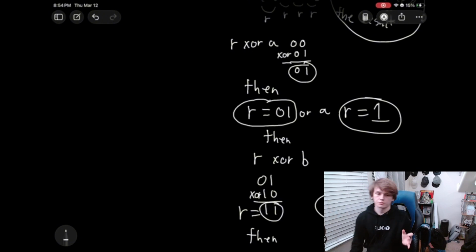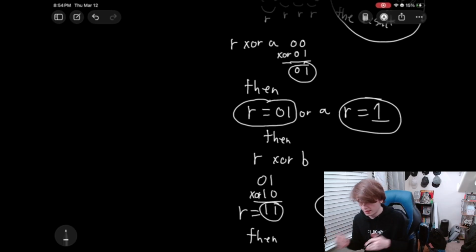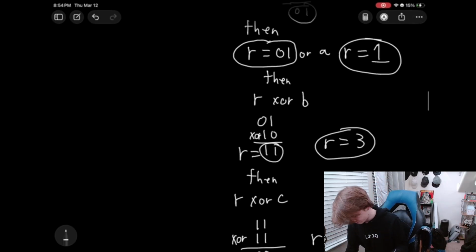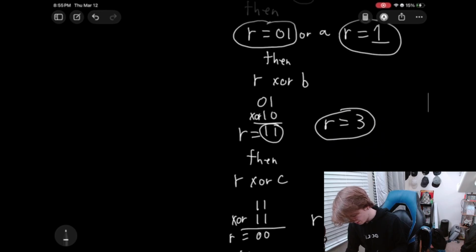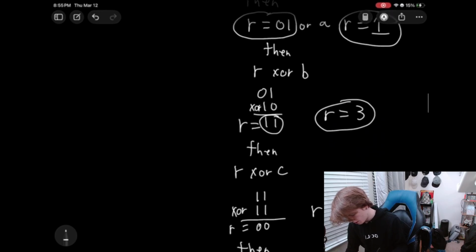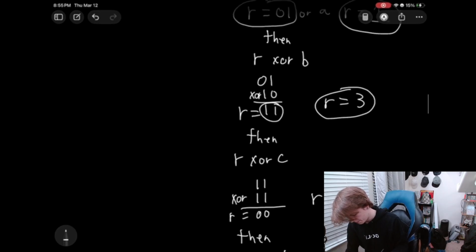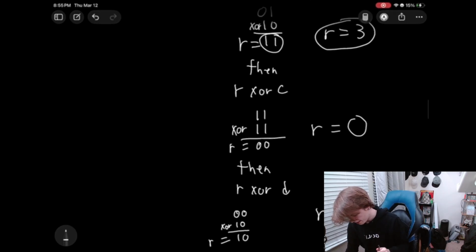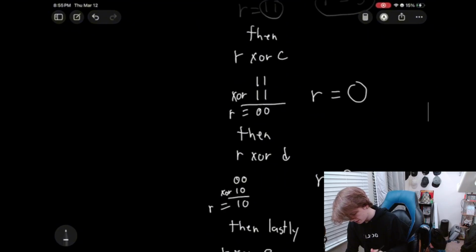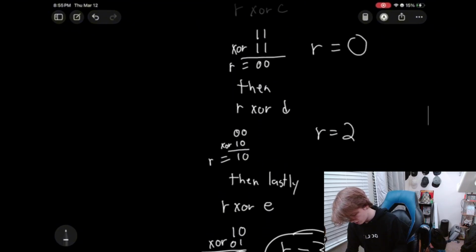And then I'm pretty much just storing that value in R. And then I go down the ladder, R XOR B, which is 01 XOR 2 in binary. It's going to be 3 in binary. And then, as we go further, we're back to 0. And then we keep going until we get to the end.